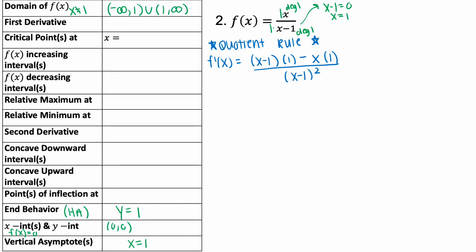And then I'm just going to simplify that. So this would be multiplying that 1, you get x minus 1 minus x over (x minus 1) squared, which we can just write, our x's actually cancel out, as negative 1 over (x minus 1) squared.